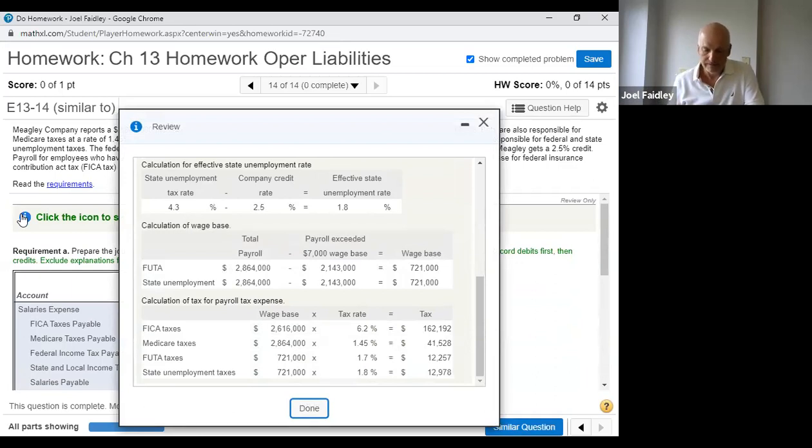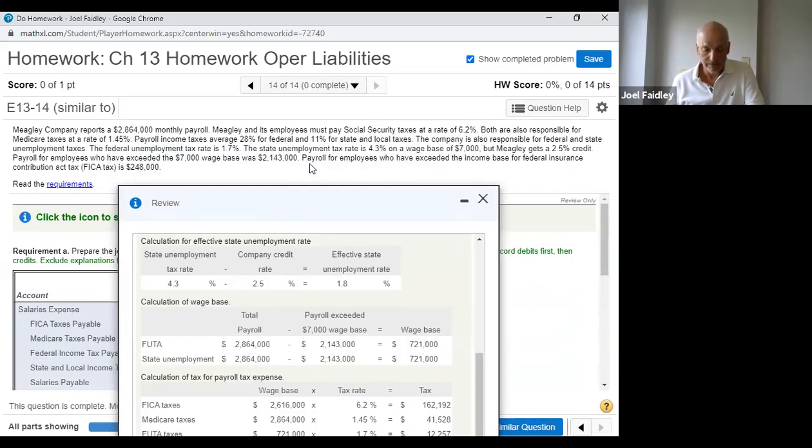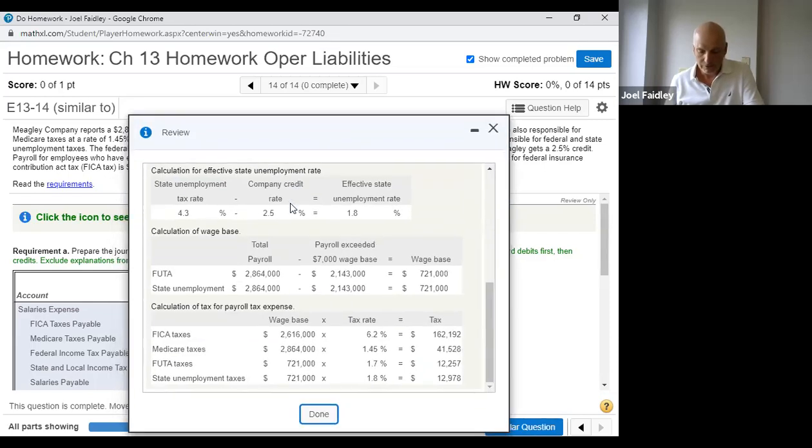And remember, it said 2,143,000 is the amount in excess of the 7,000. Payroll for employees that exceeded $7,000 wage base, because that's the cap, is 2,143,000. So we've got to subtract 2,143,000 from 2,864. That's the wage base. So we take that 721 right down here, multiplied by the federal, which is given, 12,257, and then there's the 1.8.